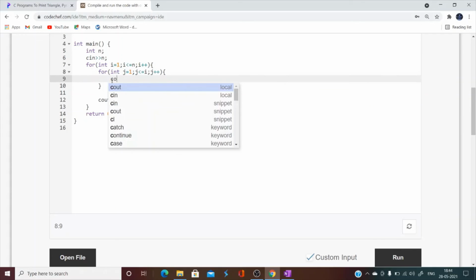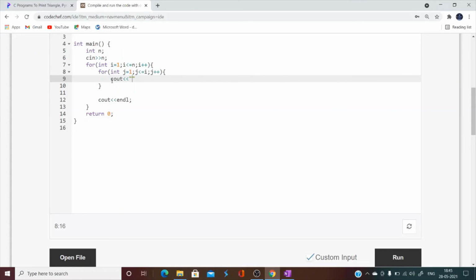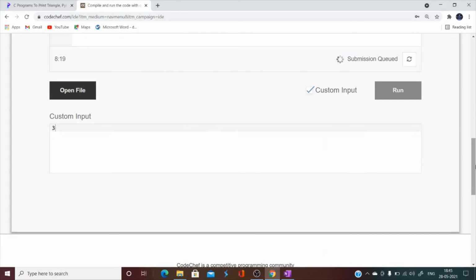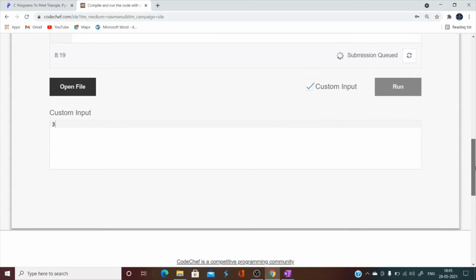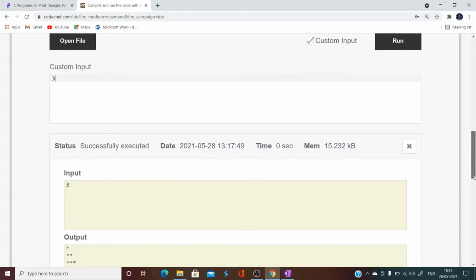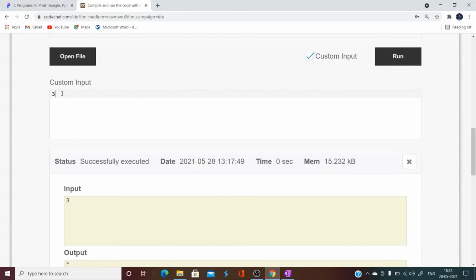And cout star, that's it. No, 10 means that's huge. We'll go with some smaller input. See, half pyramid. And now we'll go with 8.